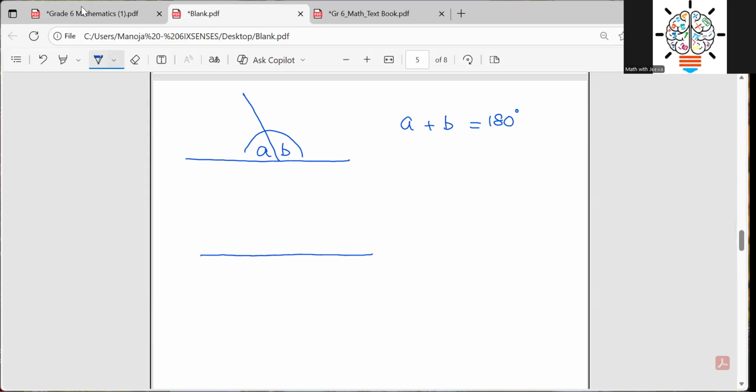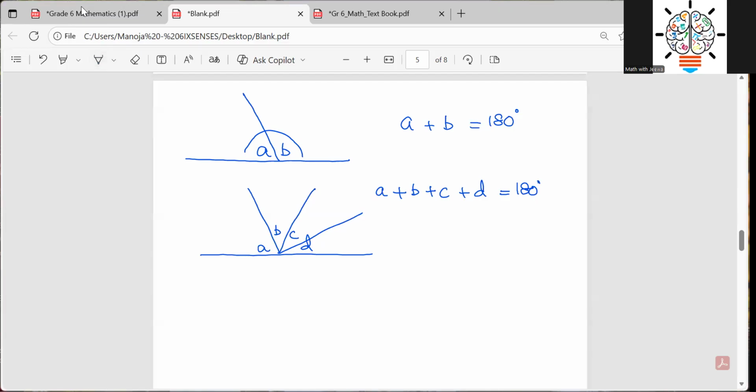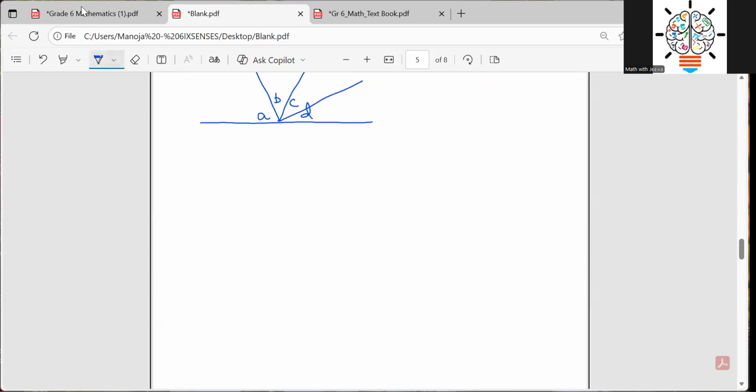But don't expect that you always have two angles. Let's say you have something like this, A, B, C, D. Still the same thing. You add A, B, C, D all together, it gives you 180. Okay. Then we will move to the next one.